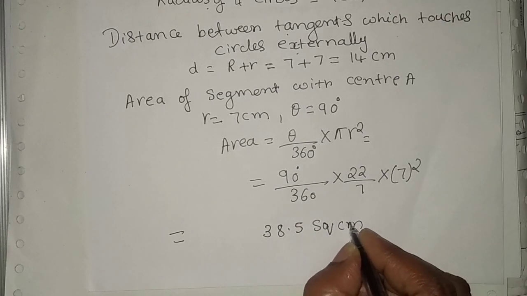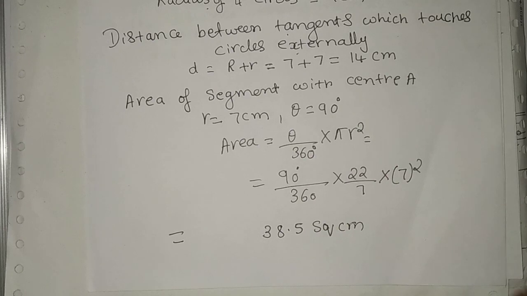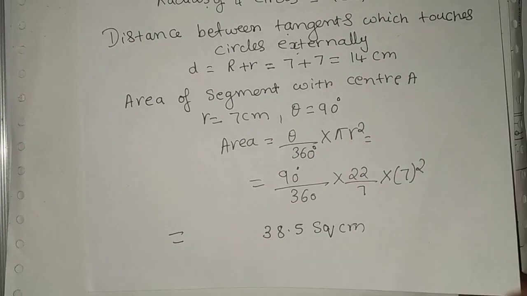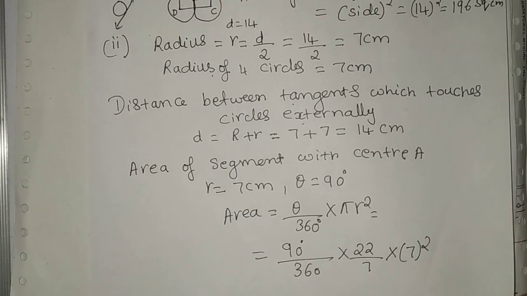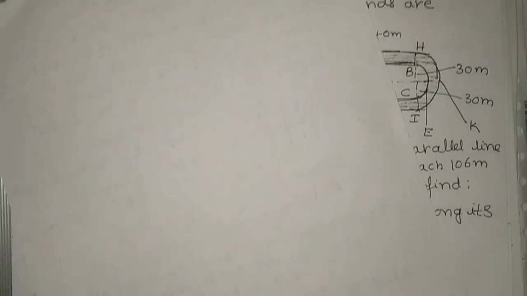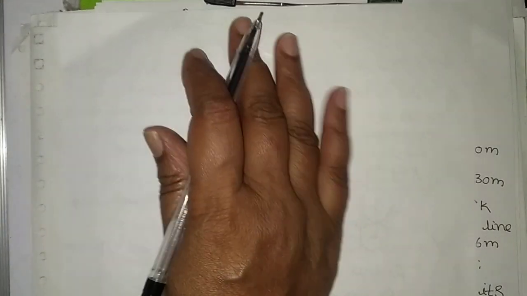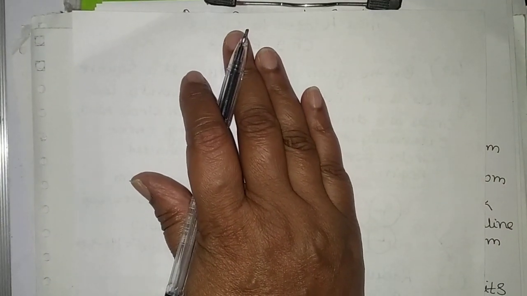So this is the area of the sector with center A, that is the first circle. So we'll continue this. Now we have found out one sector.